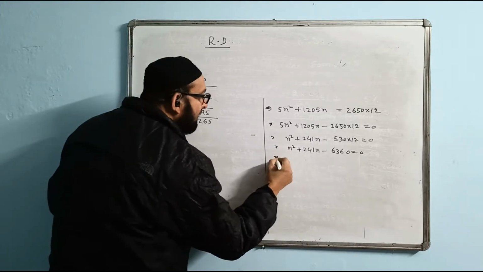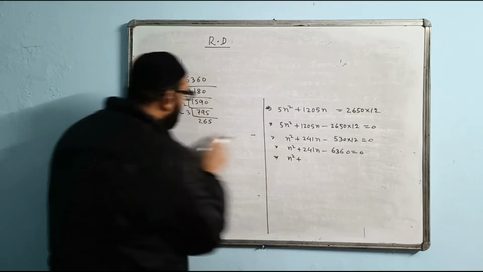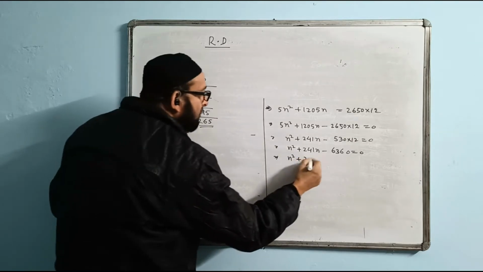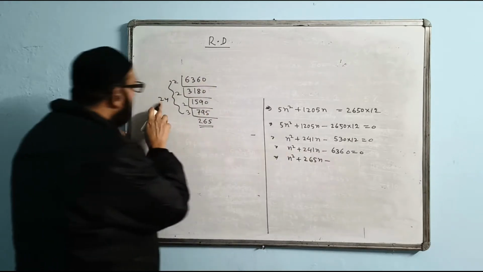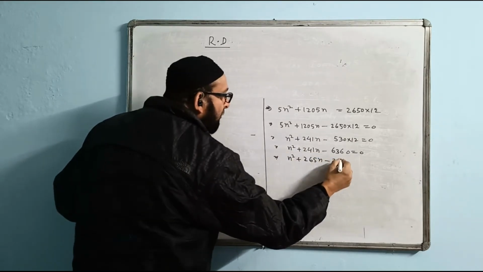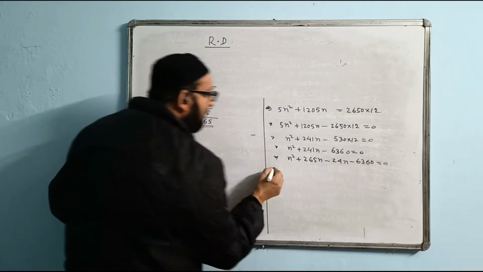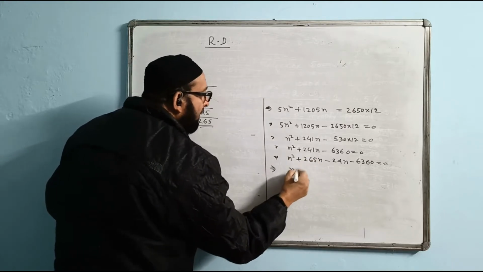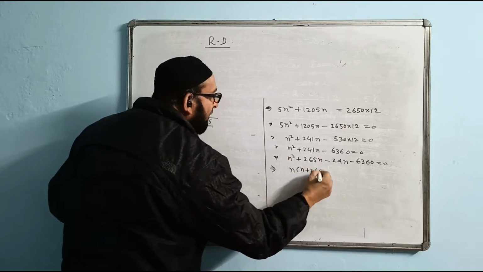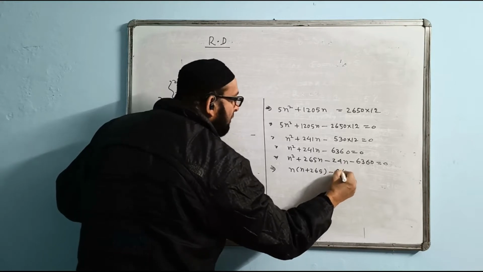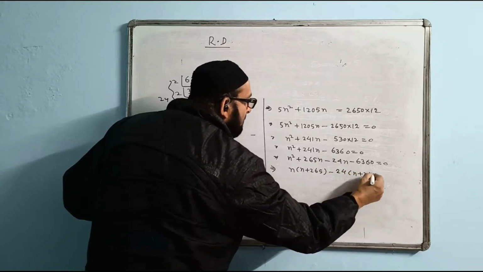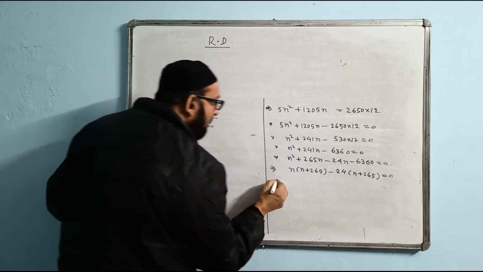So now we will be writing as n squared plus bigger value is 265, so that was 265n minus this value 24, 24n minus 6360 equal to 0. Take common between them. n is common, you get n plus 265, minus between them 24 is common, you get n plus 265 equal to 0.